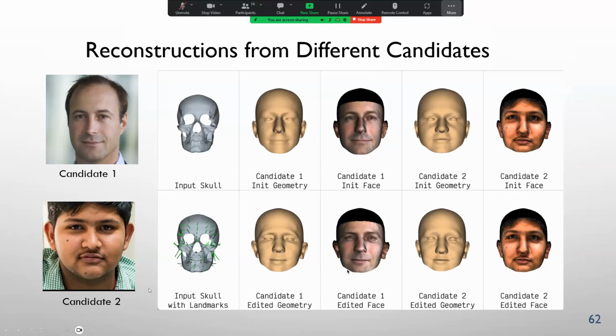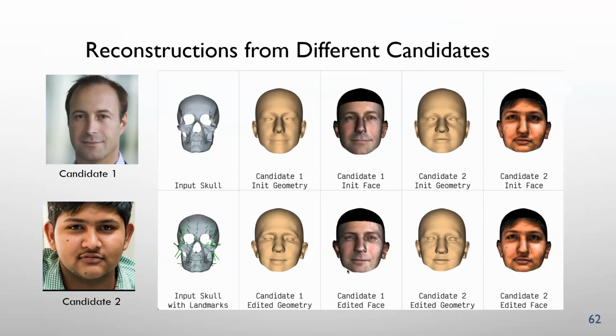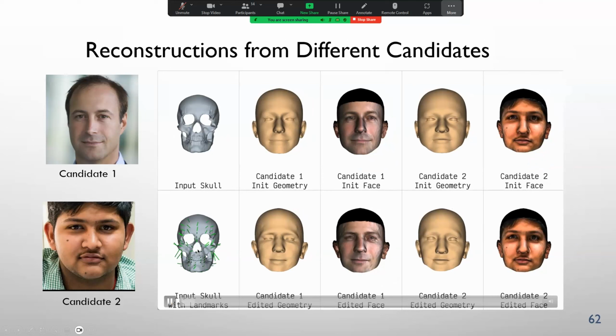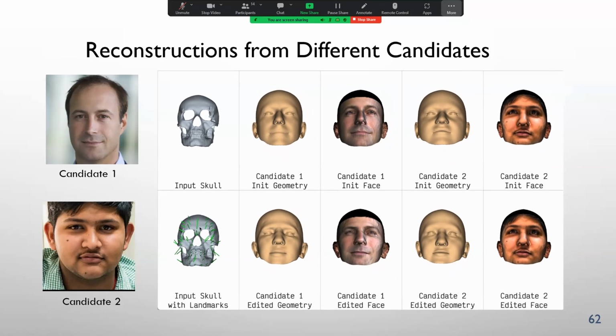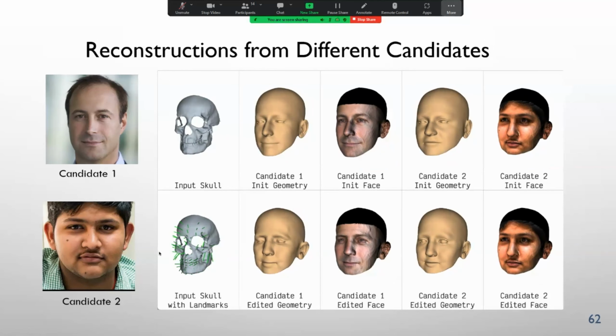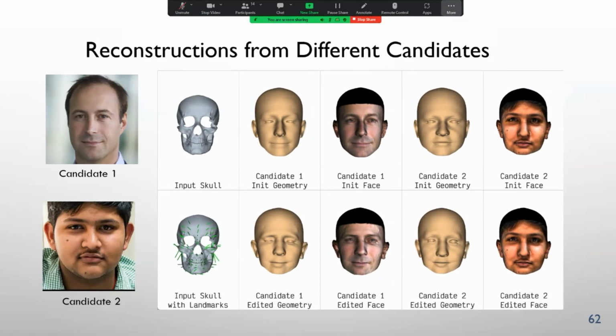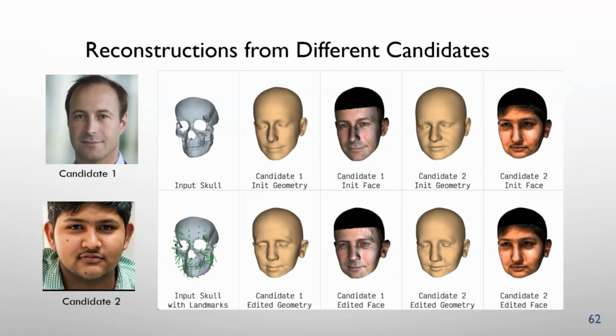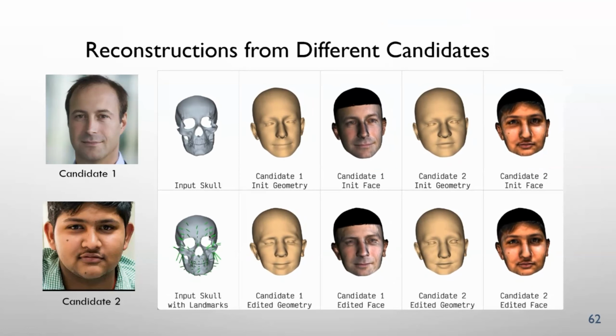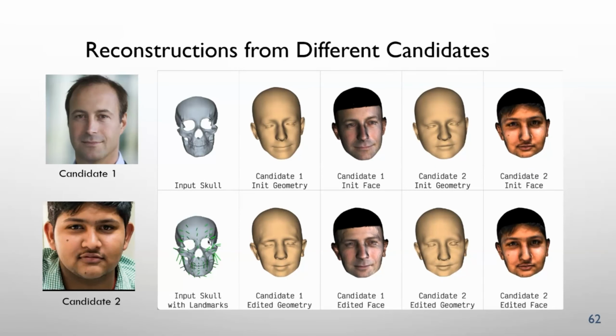If we apply the texture, the final faces will obviously look much more different. Okay, play that. Geometry is similar, but obviously after the texture is applied, they're very different.